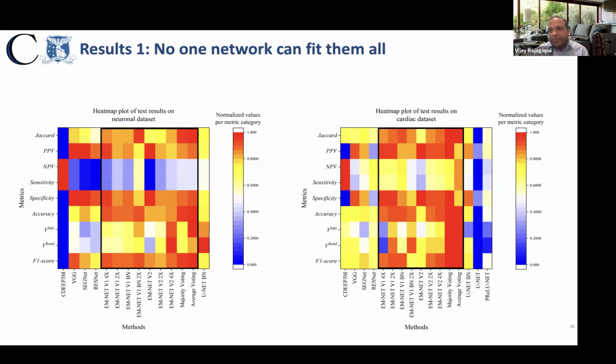You can try any of these models and you get variable results. This one on the left is for the cardiac, and the right is for the nerve cell, the neuron. And you can see again, even when you go across data sets, the performance changes. CDEEP3M didn't work so well for the muscle cell, but here it seems to do a better job with the neuronal data set.